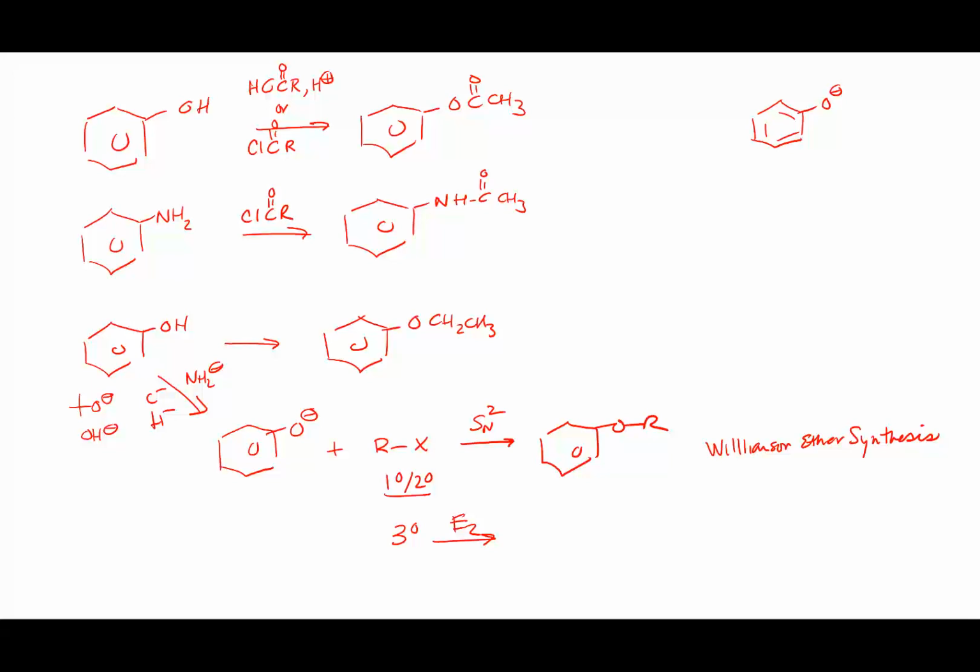Okay. All right, so we need to be able to do these three reactions in order. Once I get an OH or an NH2 on the ring, I have to be able to convert it over to an amide or ester, or potentially make an ether. So this is how I would do that. There's a couple more things here that I can do.